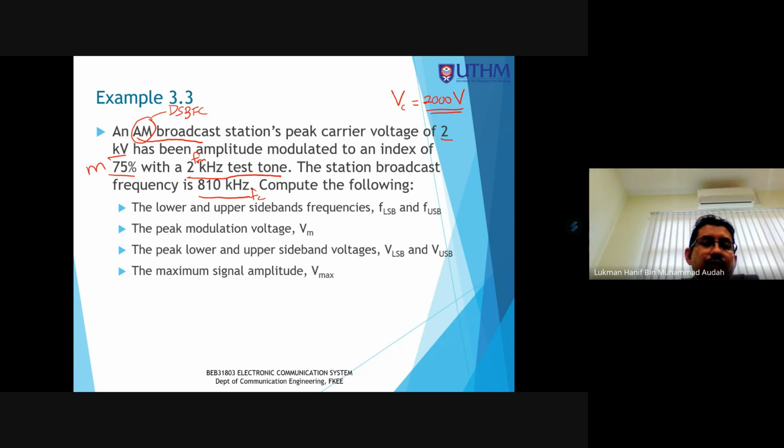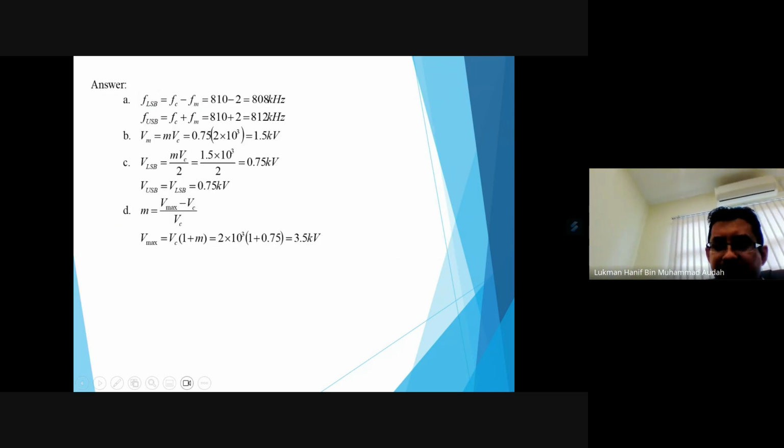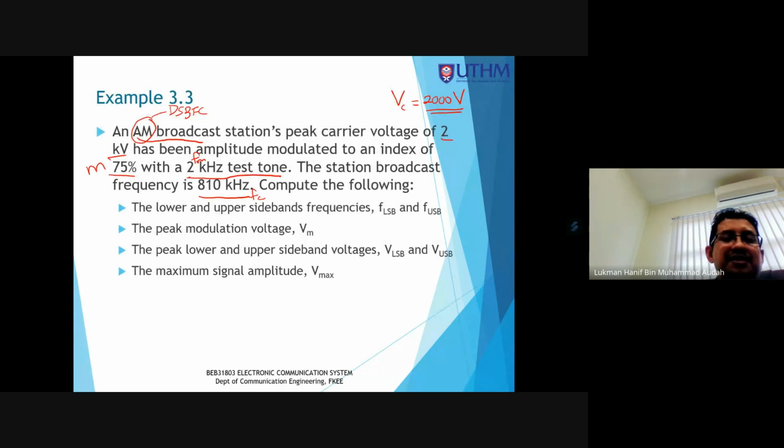So we have been given a lot of parameter values. Then we can calculate the other parameters. Compute the lower and upper sideband frequencies. So therefore, the answer is here. FLSB is equal to FC minus FM.